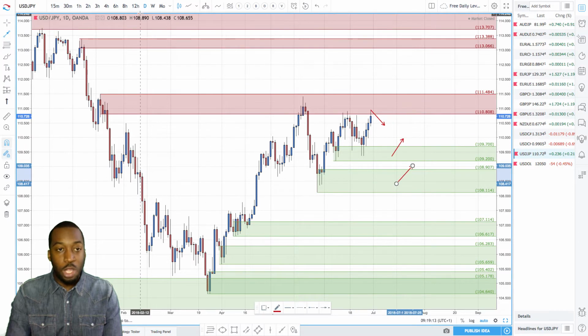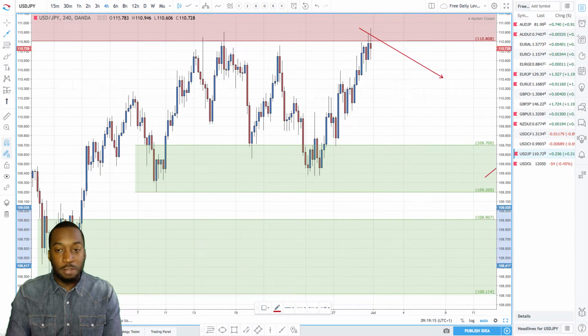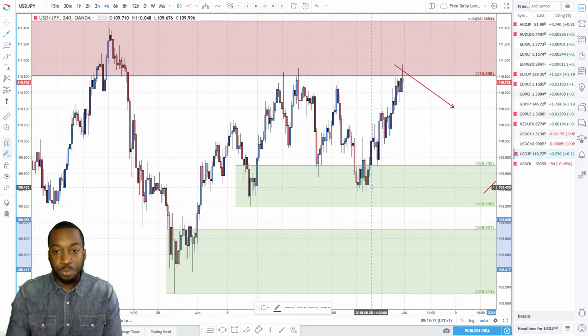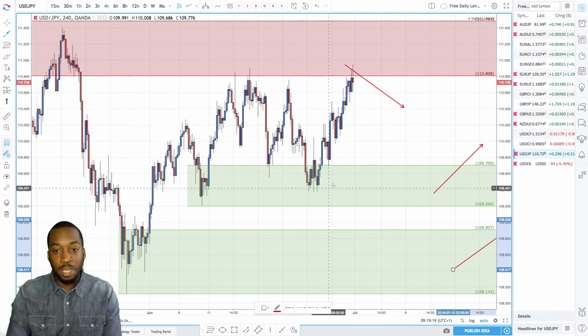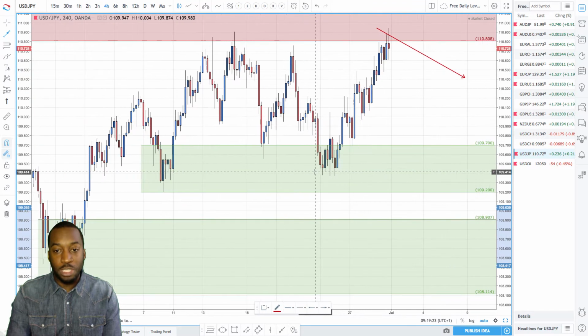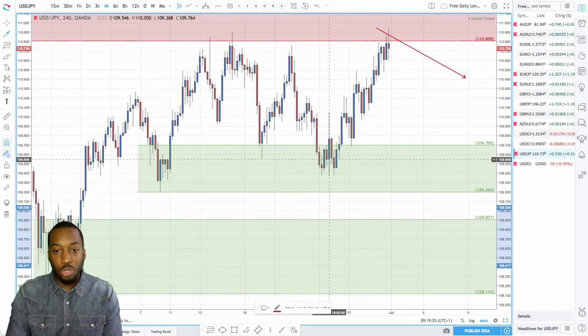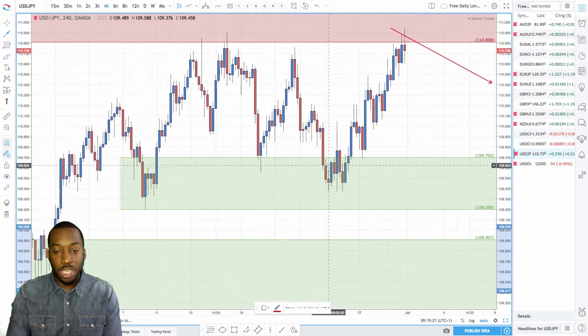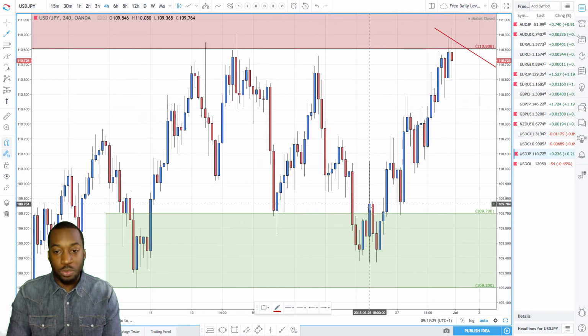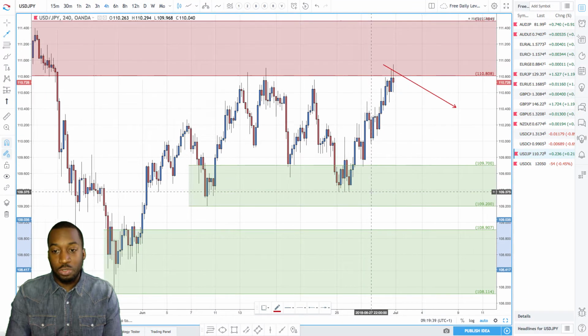And again, if you're looking at the lower time frame, let's say for example the 4 hour, this is what you'd be looking for: prices to come down into one of these zones, and then look for your potential entry. So for example, this candle here was quite a bullish candle, nice outside candle, right? If that is your entry trigger, then you'd be taking that to the upside, and you can see obviously a decent trade to the upside.